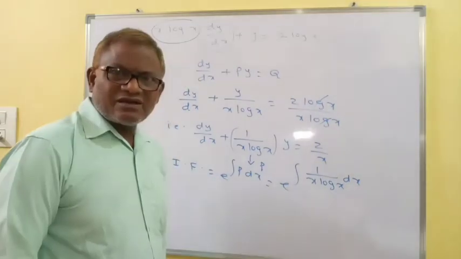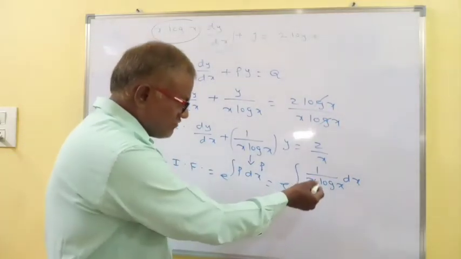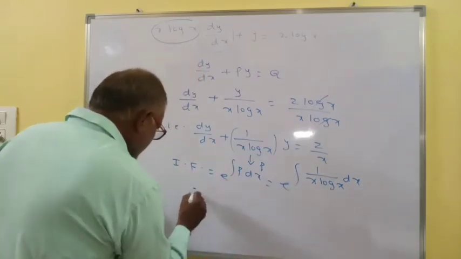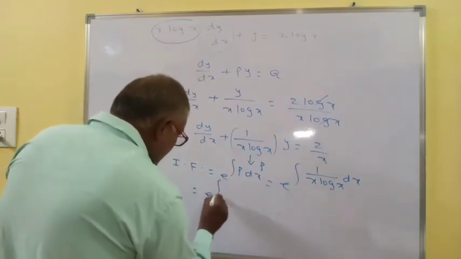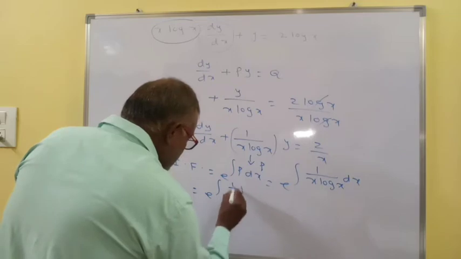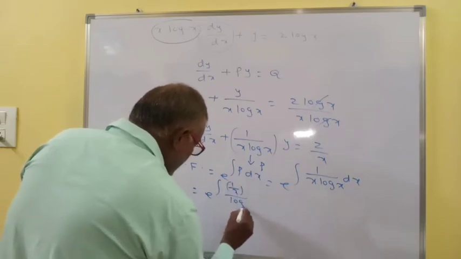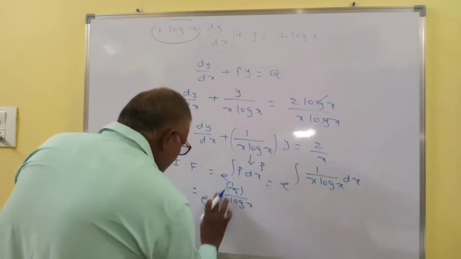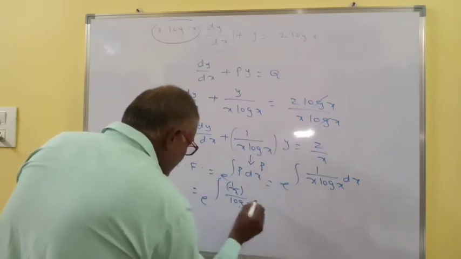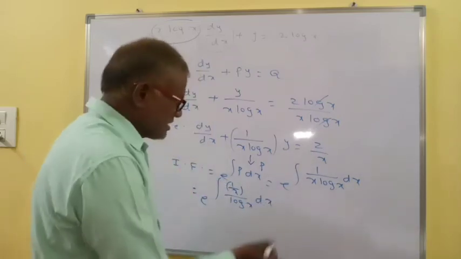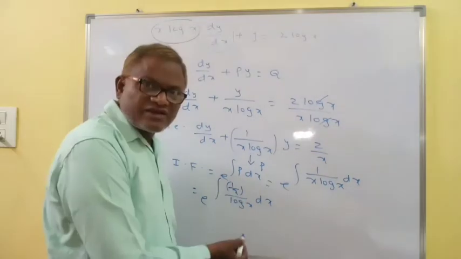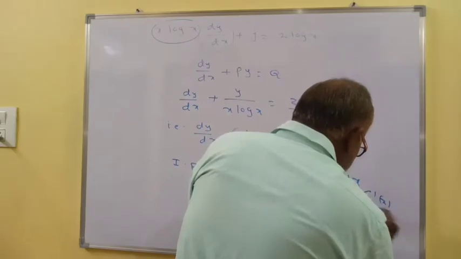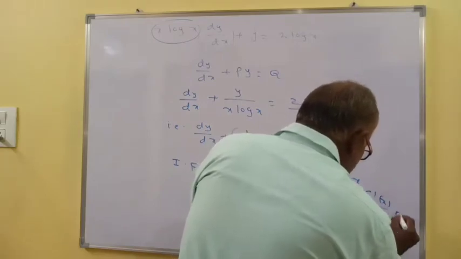Again, if you observe, log x derivative is 1 by x, so you should rewrite like this: 1 by x whole divided by log x. Okay, the same integration: that means f dash x by f of x.